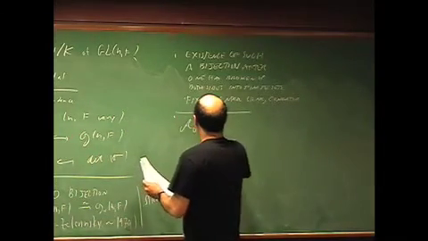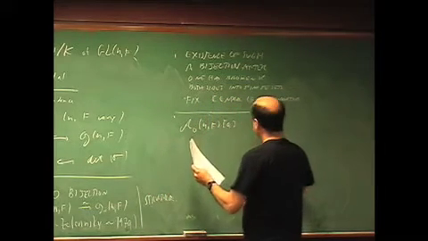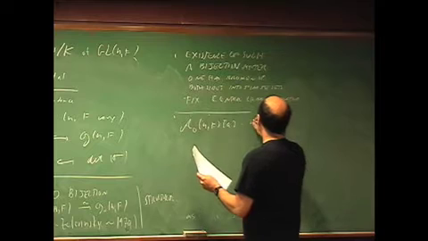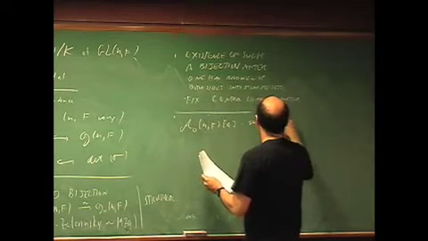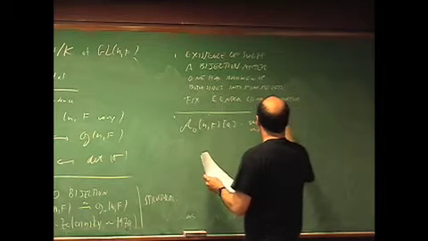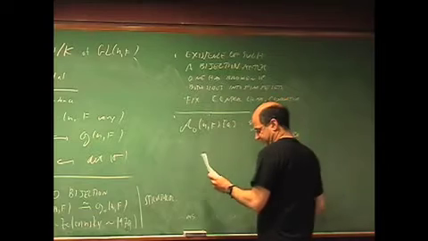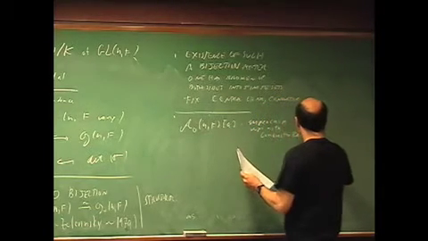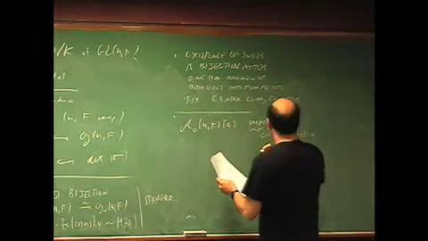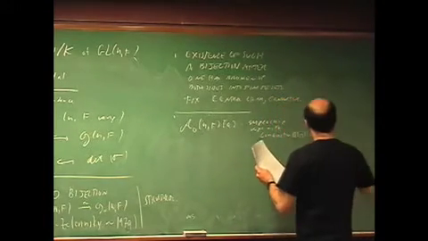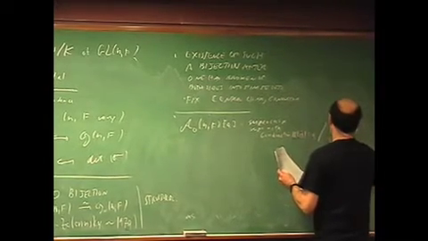So I'll call A_0(n, F)[a] to be the set of supercuspidal representations with conductor a, pi, where a is an integer, and modulo twists by characters.